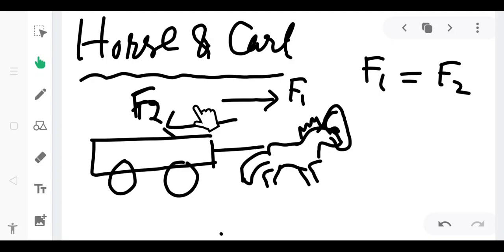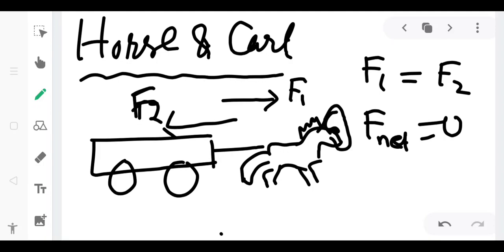Then two equal and opposite forces are acting. What will be the resultant force? Actually, the resultant force, meaning the net force, will be F net equal to 0.